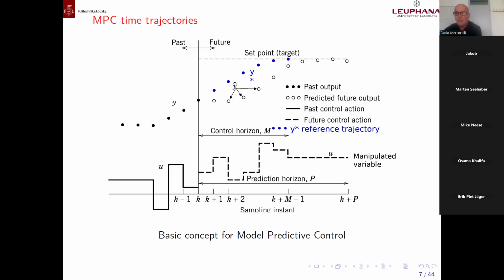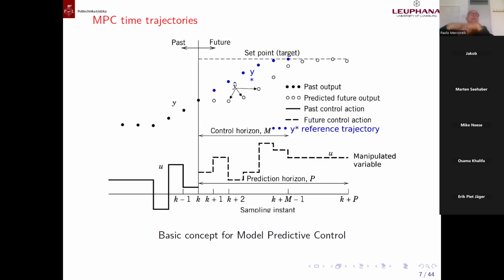About how we can build this future information. Let me explain a little bit better. The goal is to minimize the cost function related to the error, meaning the difference between the blue dot and the empty dot for the future, starting from k equals 0, from the present.